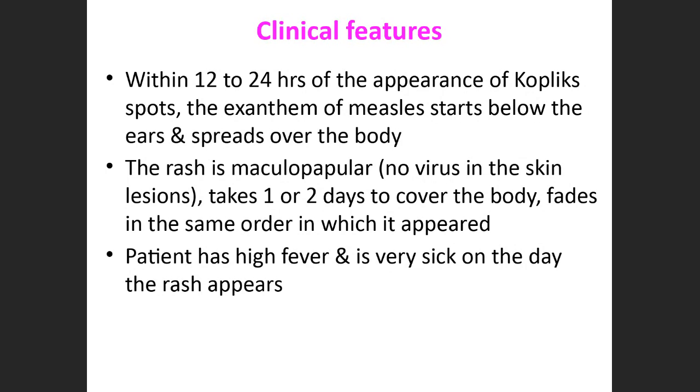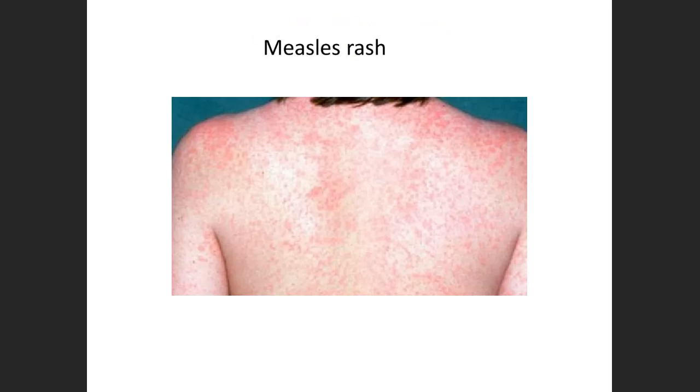If it started below the ear and was followed by other parts of the body, it will disappear in the same order. In this phase, the patient has high fever and is very sick. This is a typical measles rash, maculopapular in nature.